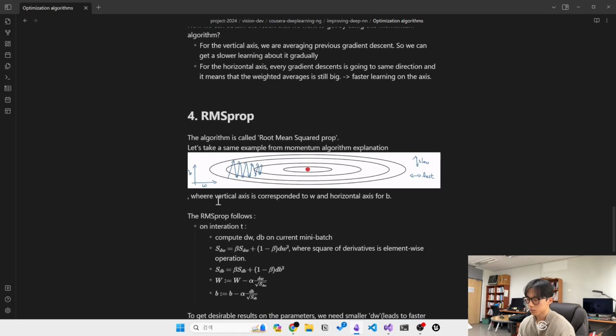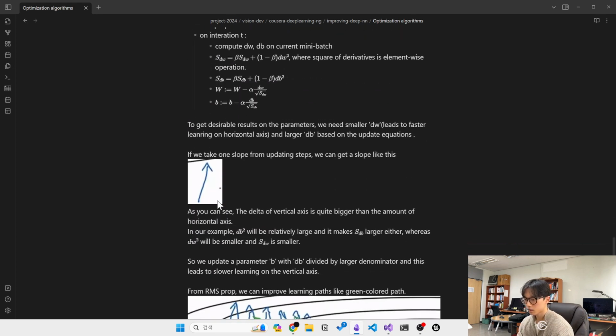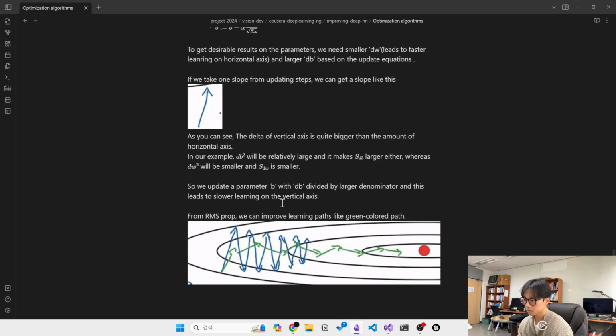If we assume that the vertical axis is b and the horizontal axis is W, then dW is relatively smaller than db. So db squared will be relatively large and it makes S db large. On the other hand, dW is relatively smaller, and it will make S dW relatively smaller than S db.